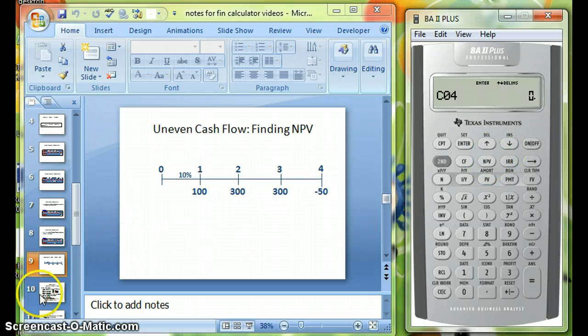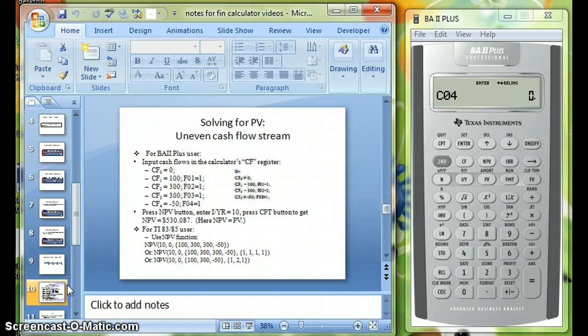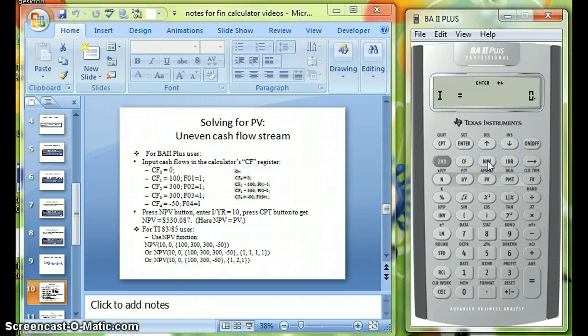We just press the NPV button. The NPV button is right next to the CF. And I is the interest rate, 10%, enter. And now you go down and the screen shows NPV.